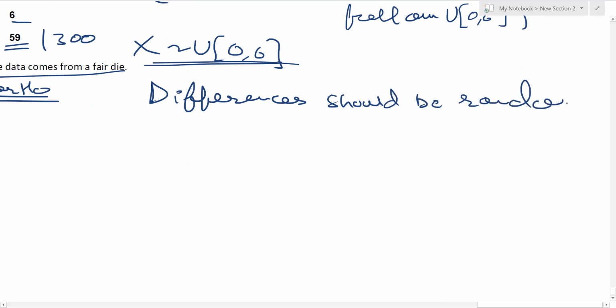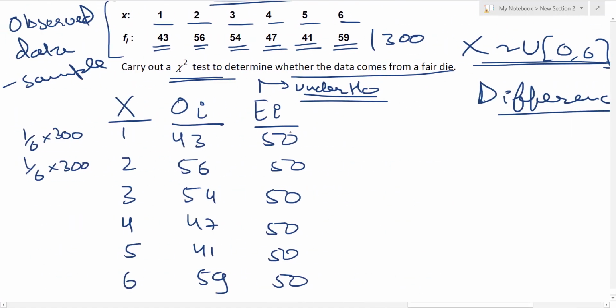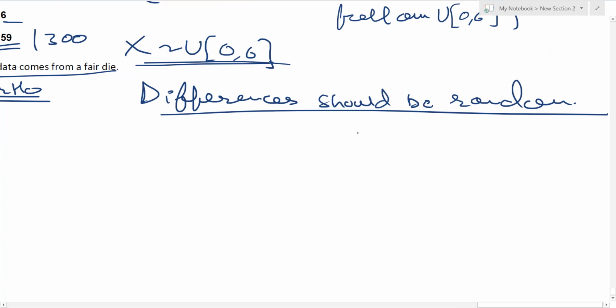That is, the differences between OI and EI should be random. That is our assumption here. What does random mean? Random means normal. That is, the differences between EI and OI will be normal.